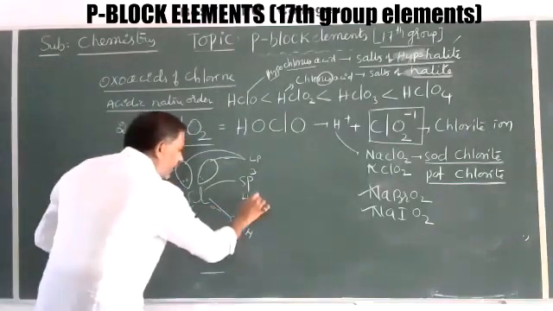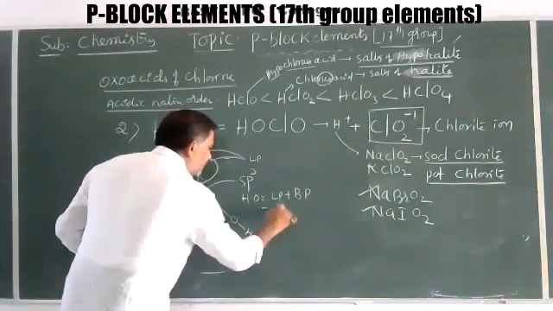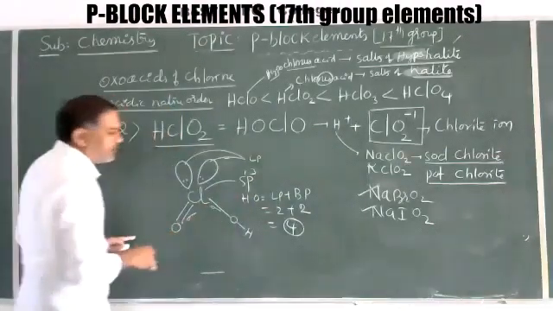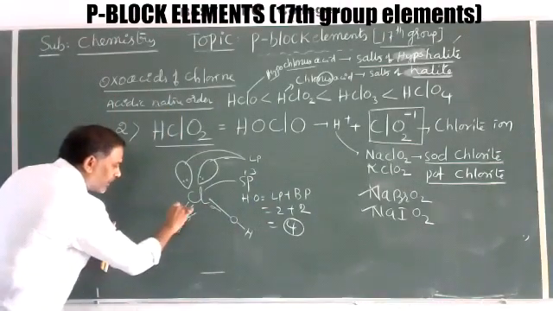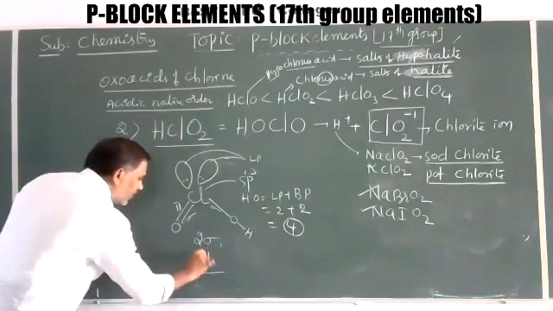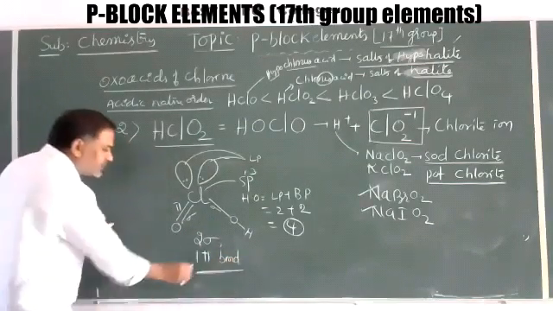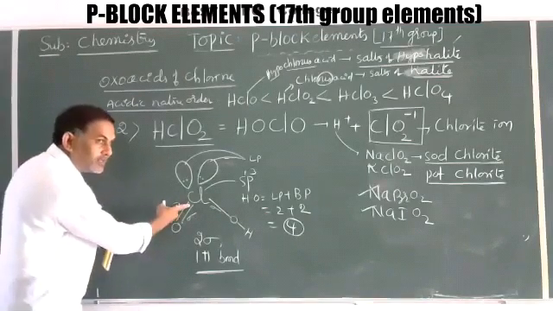Because hybrid orbitals are Lp plus Bp. Now Lp 2 and Bp 2, that's why 4. 4 means 1 s orbital and 3 p orbitals. Here there is 1 pi bond and 2 sigma bonds. To get this pi bond, a d orbital is compulsory. In chlorine, d orbitals are there.